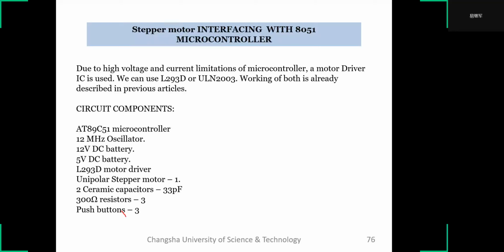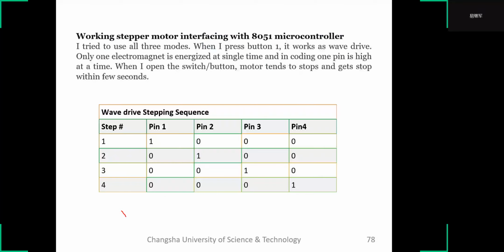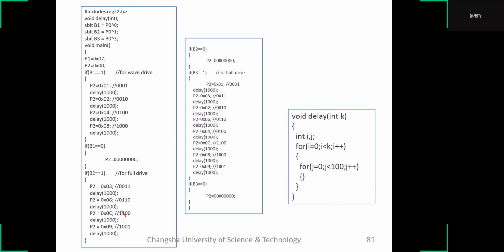DC motor and step motor are easy to be controlled. But it's a little more difficult to control the AC motor.